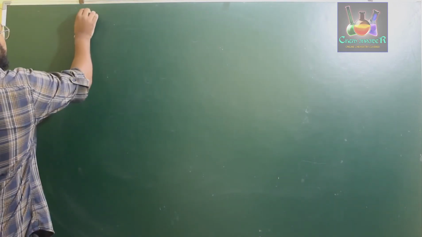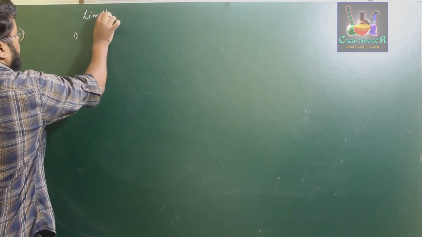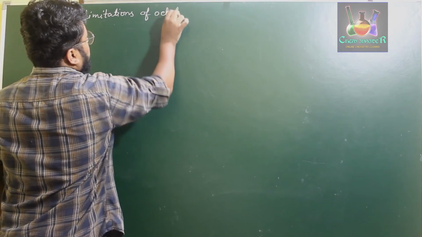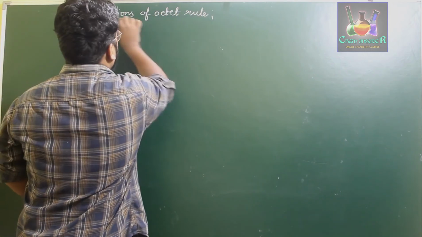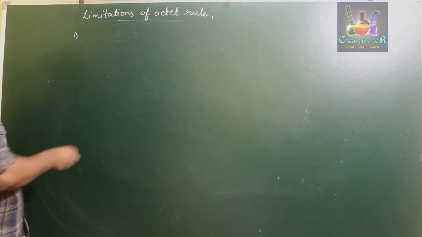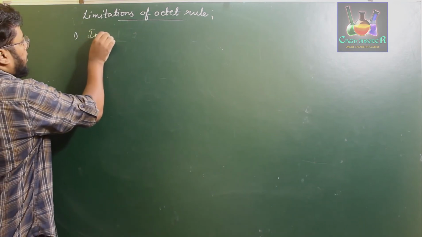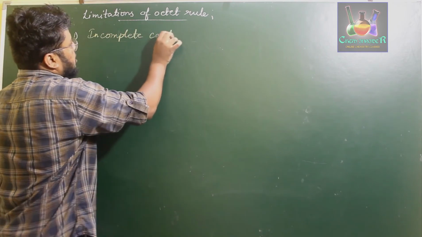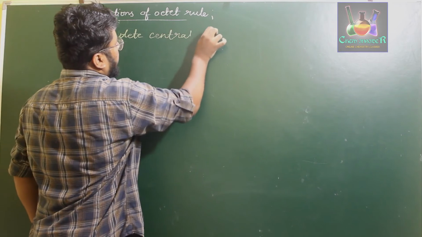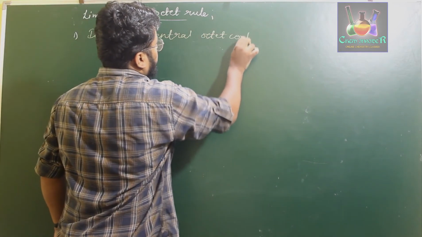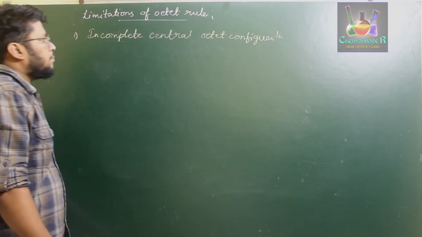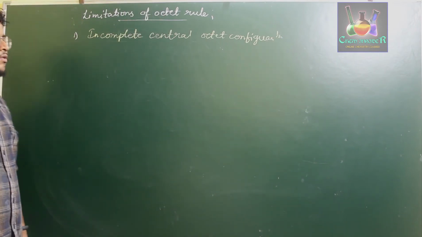Limitations of the octet rule. The first exception is incomplete octet of the central atom, that is, incomplete central atom octet configuration.